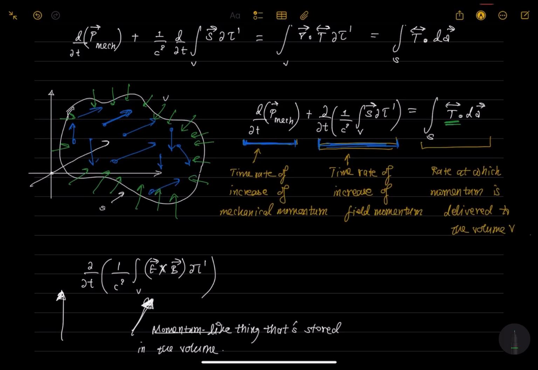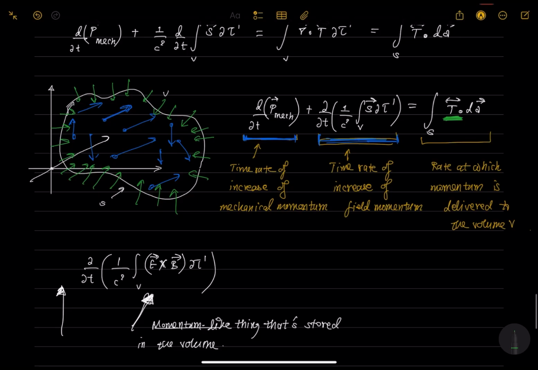It's as if something's entering through the surface. So that's the Maxwell stress tensor integrated over the surface. It's like something's coming inside.